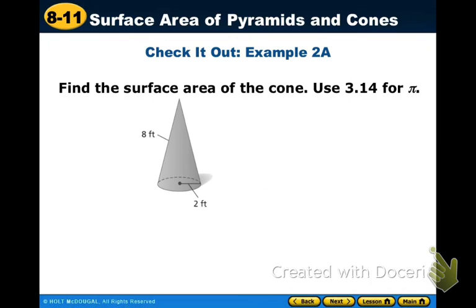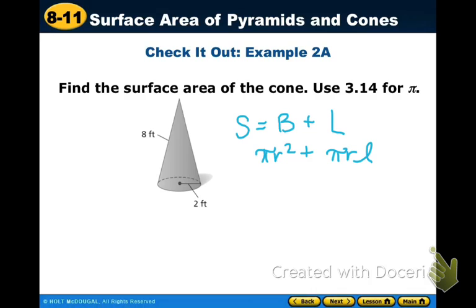All right, find this surface area using the formula. Area of the base plus the lateral. So pi r squared plus pi r and slant height.